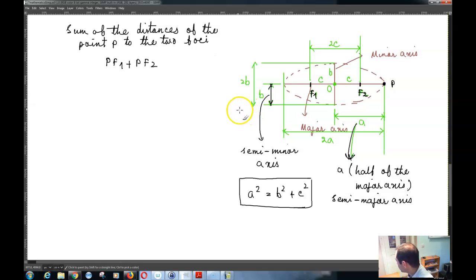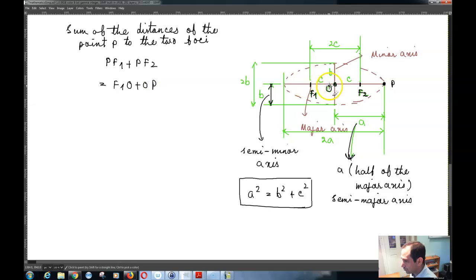And that is basically equal to, so basically you have PF1 plus PF2. You can break down this distance: PF1 would be this whole distance over here from P to F1, and PF2 would be this distance over here. So I can write this as F1O, this point is O, F1O plus OP.